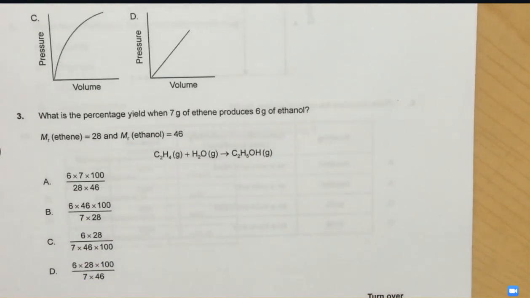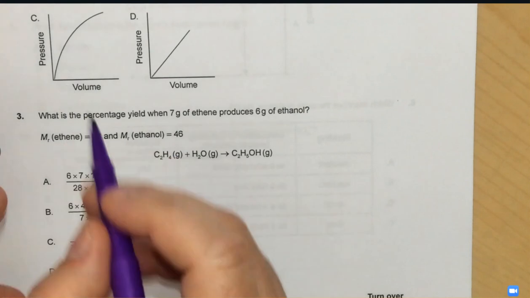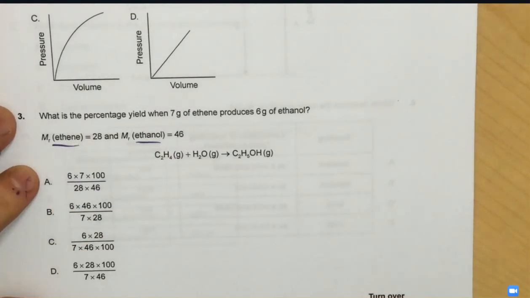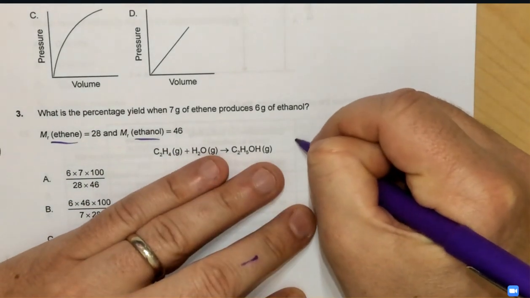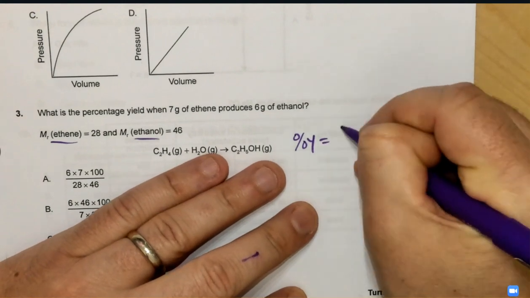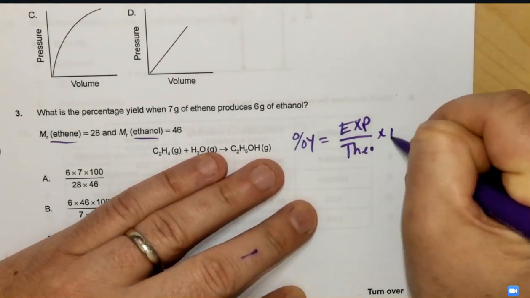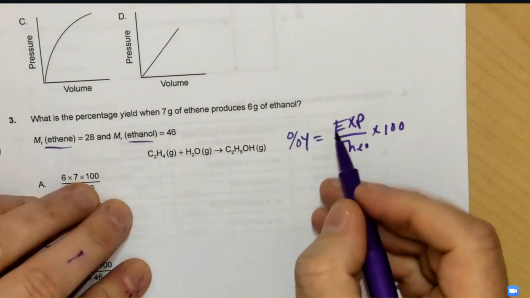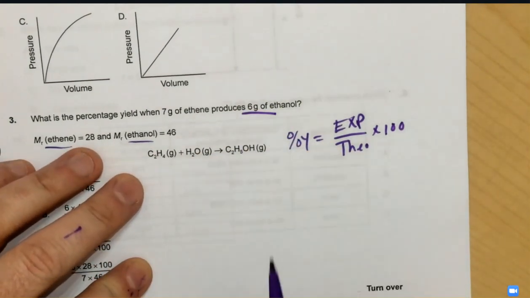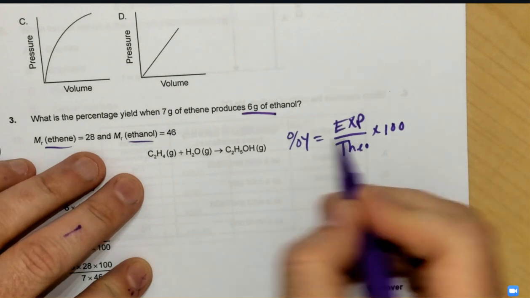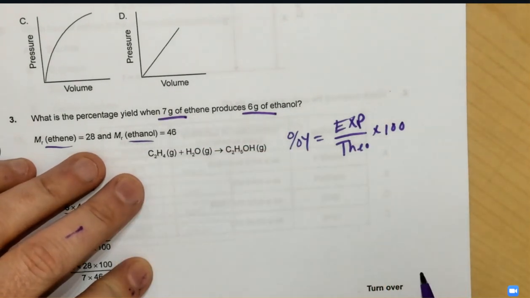What is the percentage yield when 7 grams of ethene produces 6 grams of ethanol? We are given the molar masses of both ethene and ethanol. So to calculate percentage yield, it is the experimental value over the theoretical value times 100. The experimental value comes from the product formed. The theoretical value comes from the product started with.